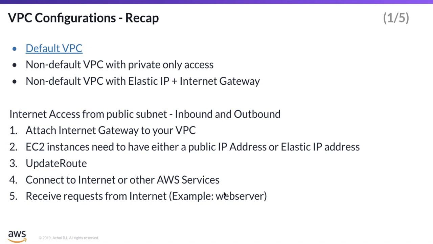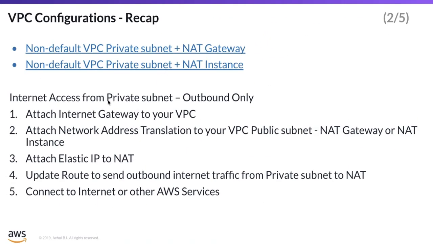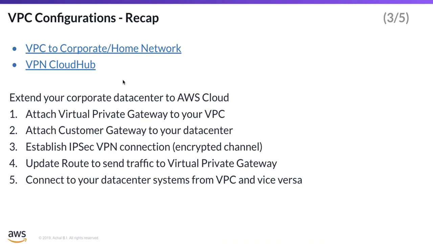There are a few steps for how internet access from a public subnet can be done. We also saw how a non-default VPC with a private subnet can be connected to a NAT gateway, not a NAT instance. And there is something like Cloud Hub or a corporate or home network, which can be connected to a VPC using the VPN facility.